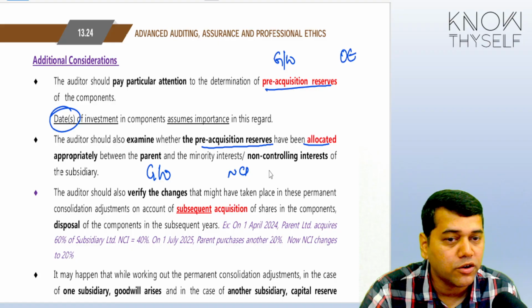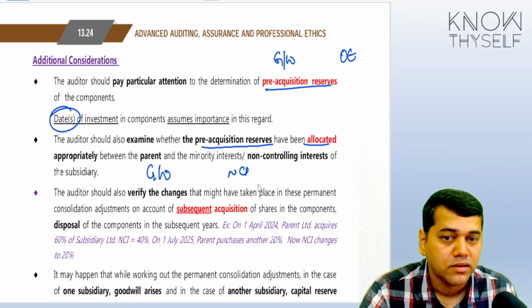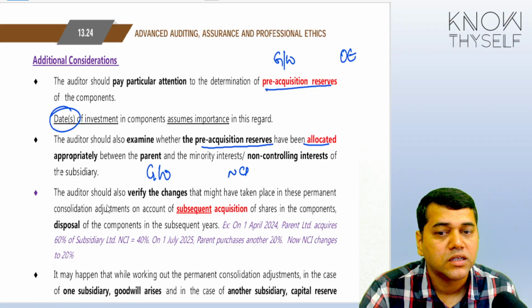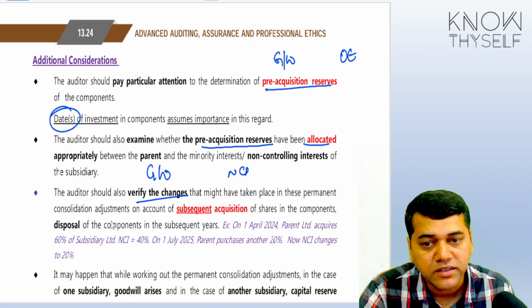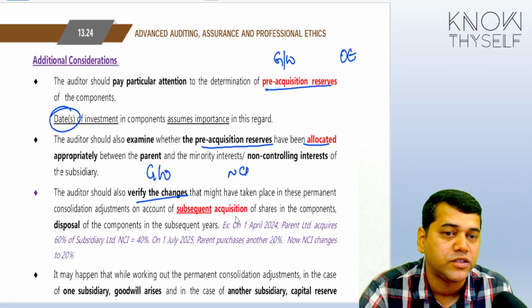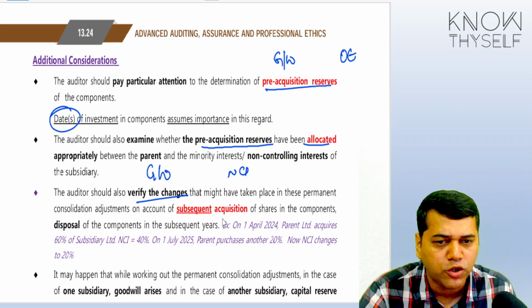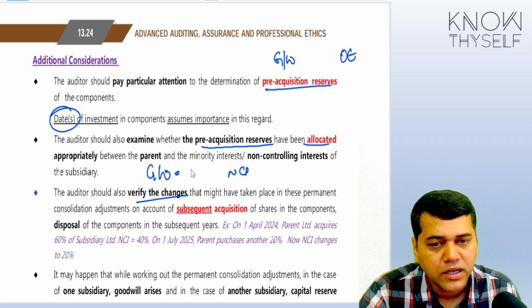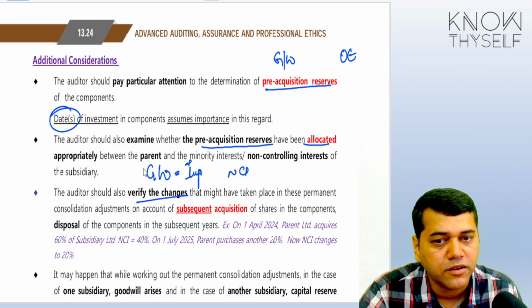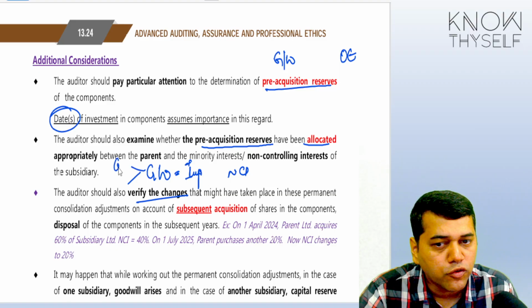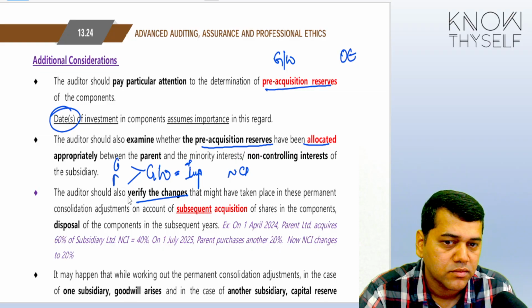These calculations you have done in FR. Now, the auditor should verify the changes that might have taken place in this permanent adjustment subsequent to the acquisition. How are these changes going to happen? Only two ways. If you have got a goodwill, it will get impaired. But you need to check how the goodwill was calculated: full goodwill method or partial goodwill method.